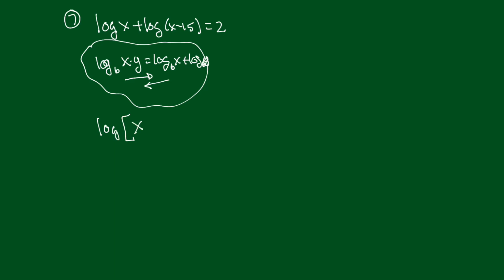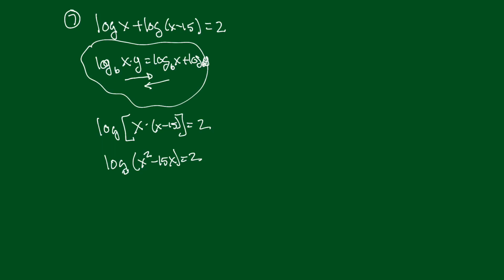I'm going to have the first one times the second one, x minus 15, and that's all equal to 2. So I'm going to get the log of this quantity, x squared minus 15x, that's equal to 2.